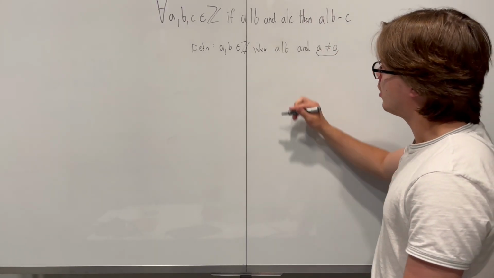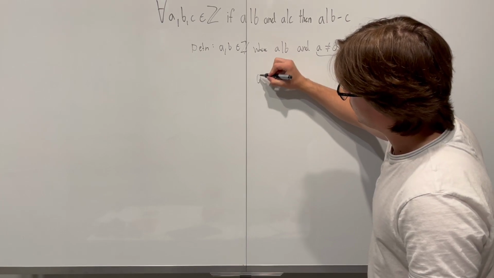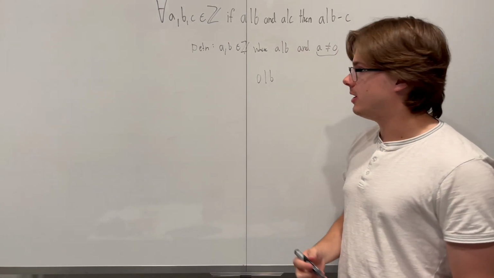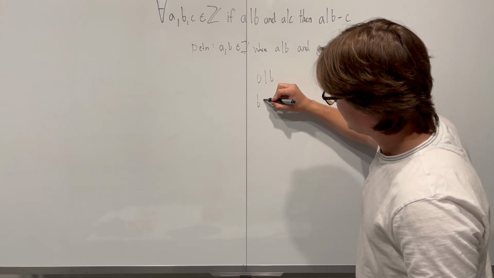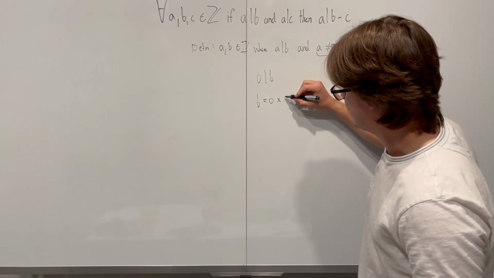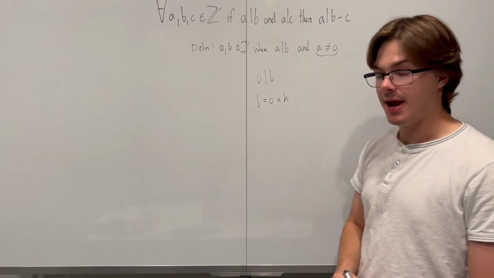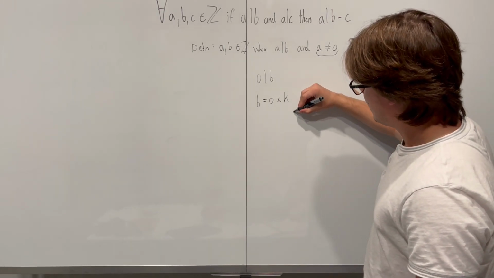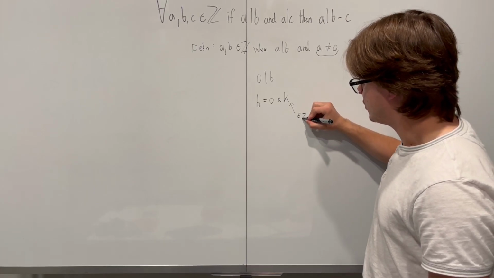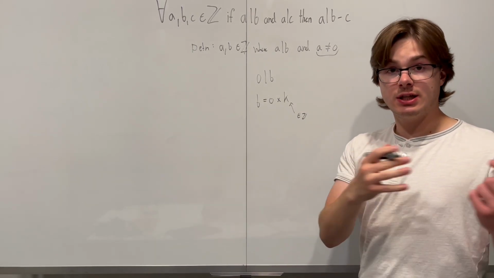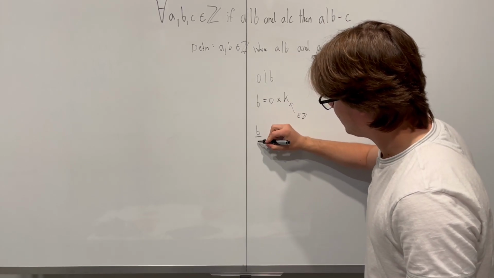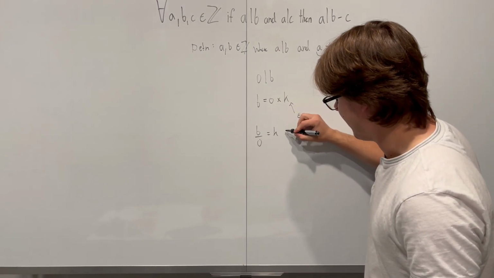Why is this true? Once again, this is true because if A was equal to 0 and we ask, well, does 0 divide any integer B? You're basically saying, can B be written as 0 times some integer k? And the answer is no. And why is that? Because if we know k has to be an integer and we want to find it like we did in our examples, we have to rearrange for k, and what we do is we then say b divided by 0 is equal to k.